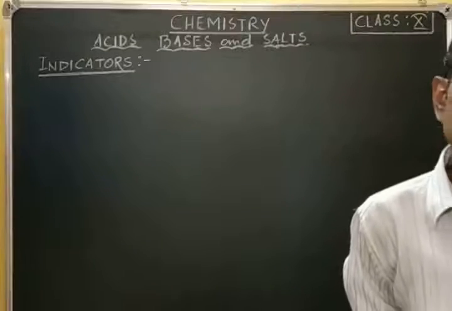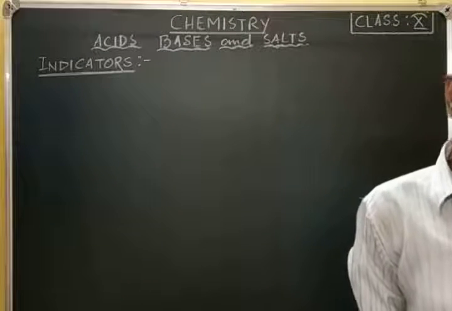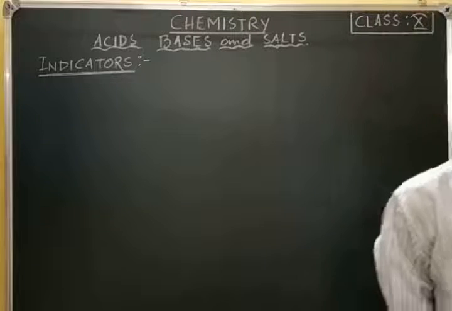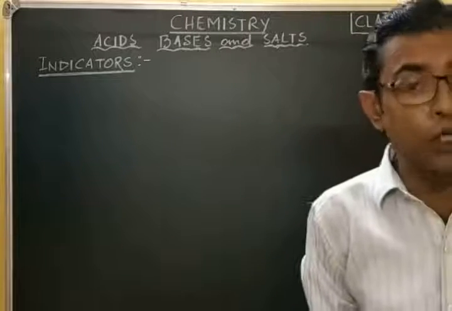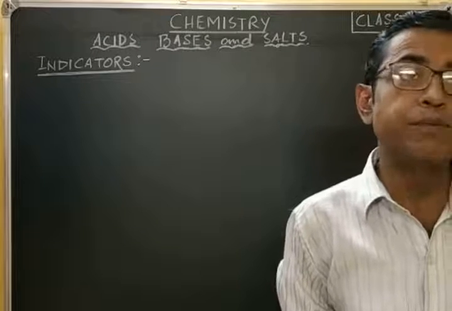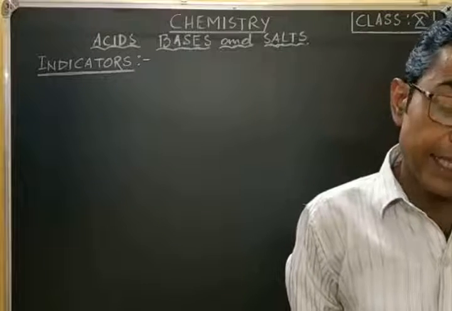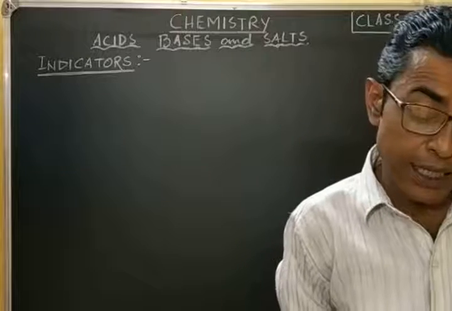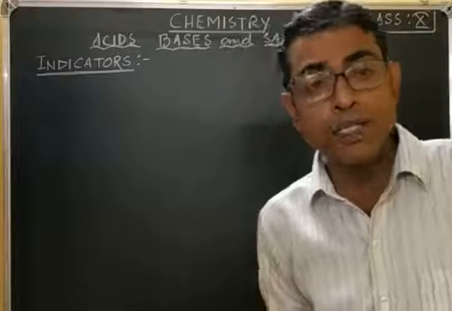For methyl orange, in neutral solution it gives orange color, in acidic medium pink color, and in basic medium yellow color. And for phenolphthalein, the neutral solution gives a pink color, in acidic medium it becomes colorless, and in alkaline medium it becomes pink again.